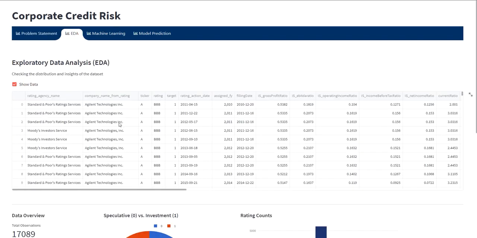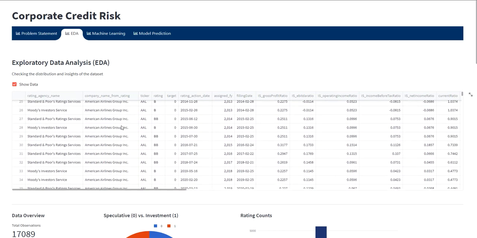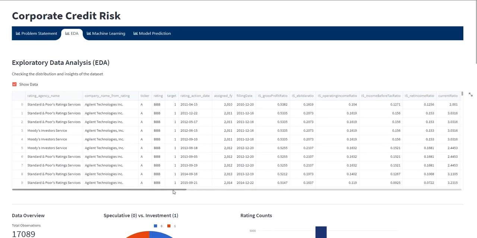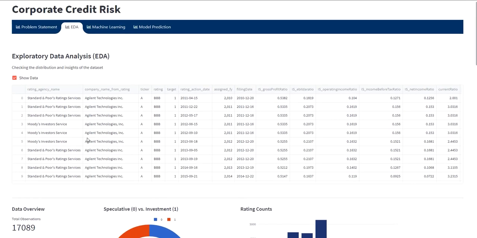The data is basically a very big table. We spent time mining all the data, not only the financial statements but also the rating agency credit history, so we are mapping the past. There are over 17,000 records, of which 3,300 are investment grade, covering the past 15 years and 1,500 publicly listed companies.